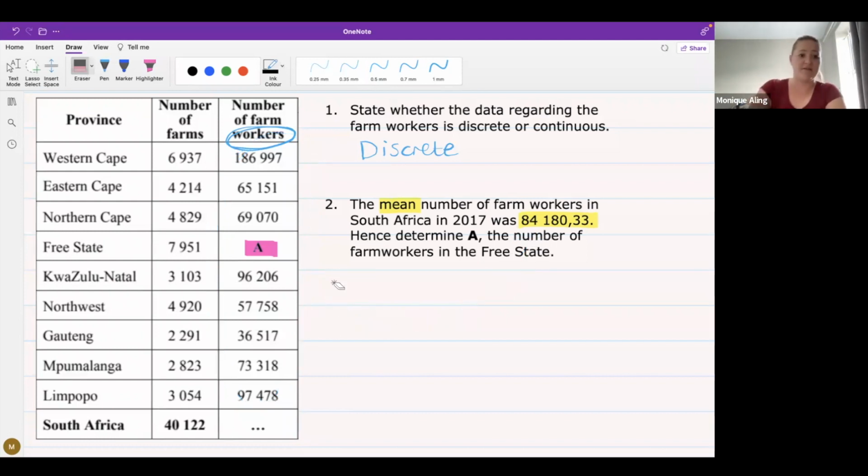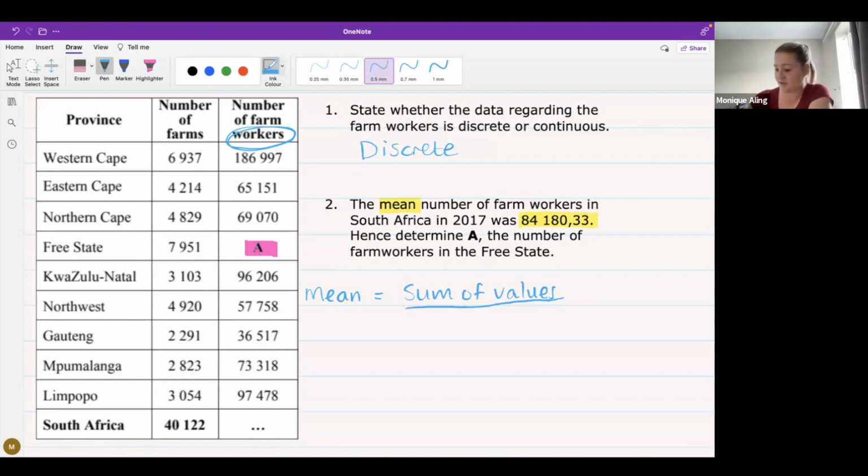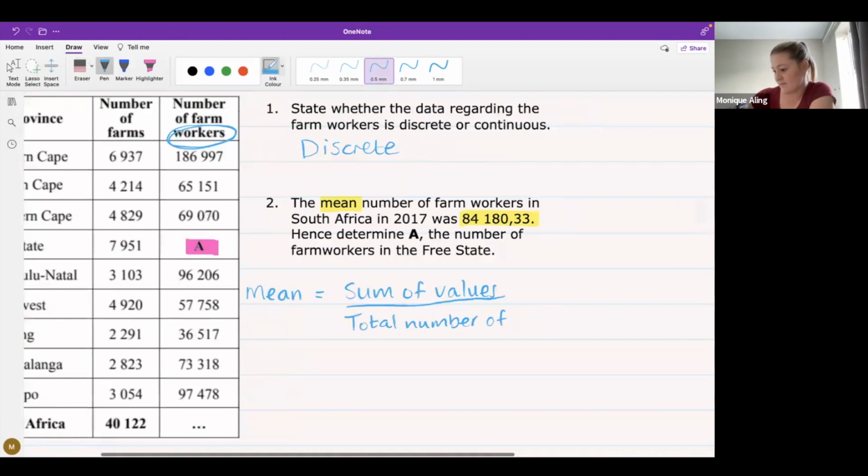We know the formula for mean is sum of values over total number of values. So when in doubt, write this first. Write down the formula you know. How would you normally work it out?